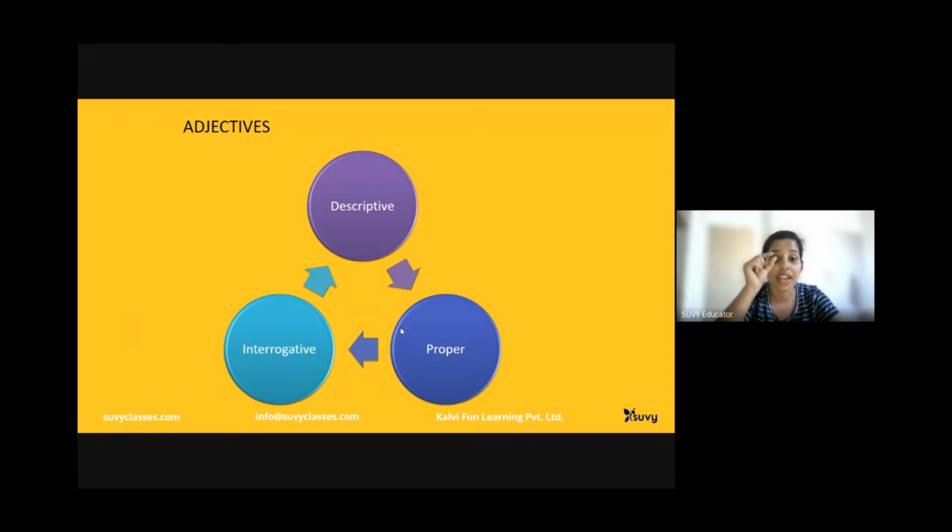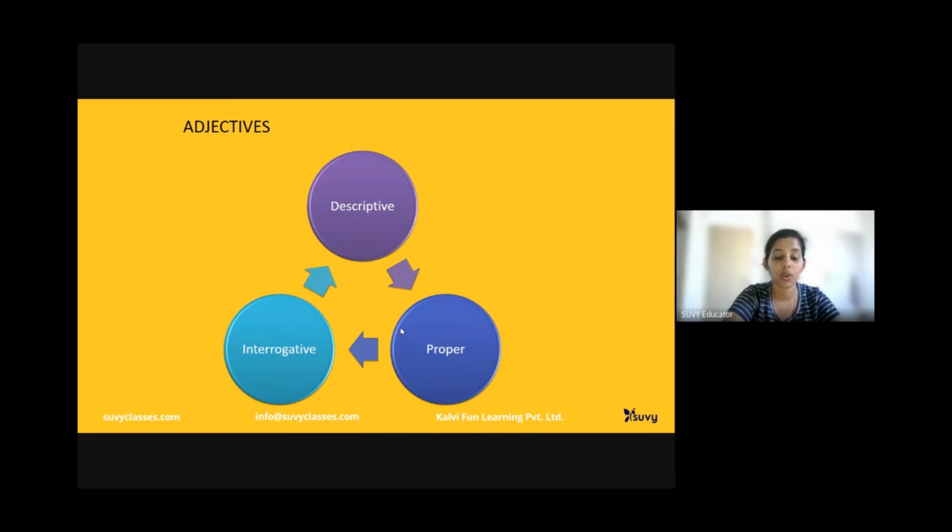So, the red is describing the bag. So, red is a descriptive adjective. Now, I saw a rich man. So, now it's describing the man. So, rich is the descriptive adjective. Okay.